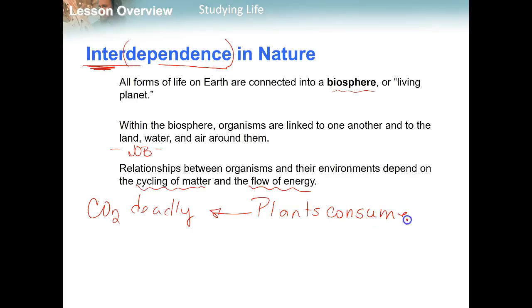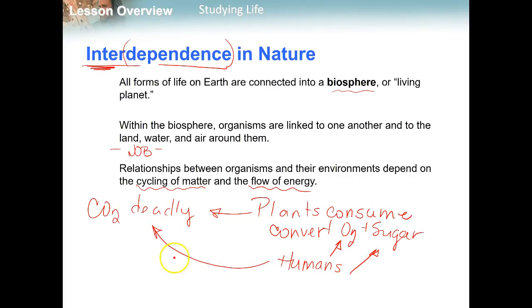And when they consume it, they convert it into oxygen and sugar. Well, guess what? We need oxygen. So humans need that oxygen. Humans need that sugar. And guess what humans produce?